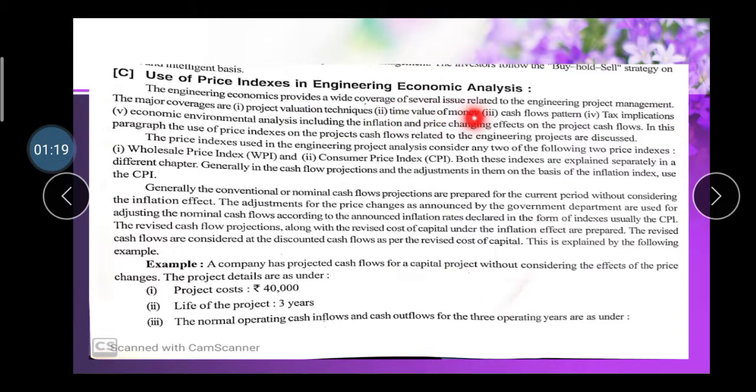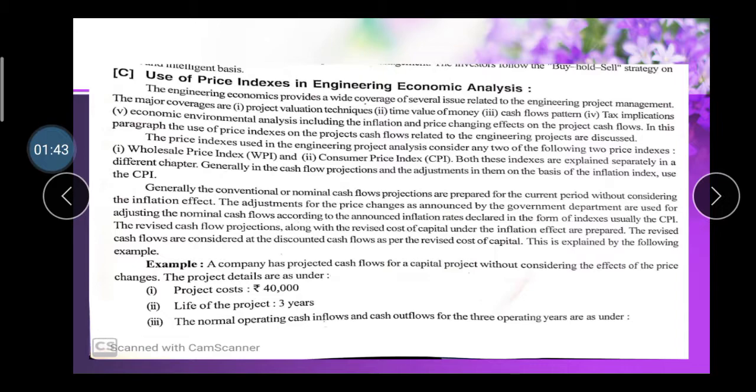Second, the time value of money. Third, cash flow pattern. Fourth, tax implication. And fifth, economical environmental analysis, including inflation and price changes, and what effect they have on the project cost and the cash flow, which you can measure through these indexes.